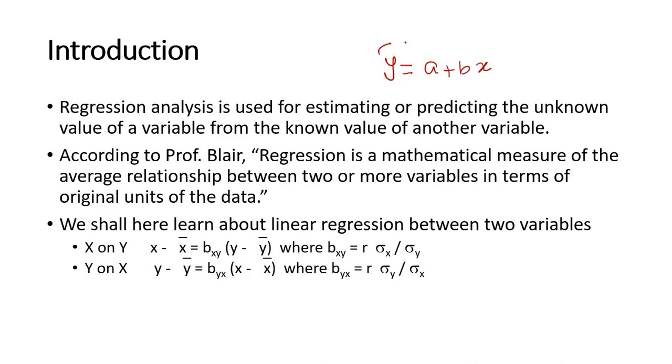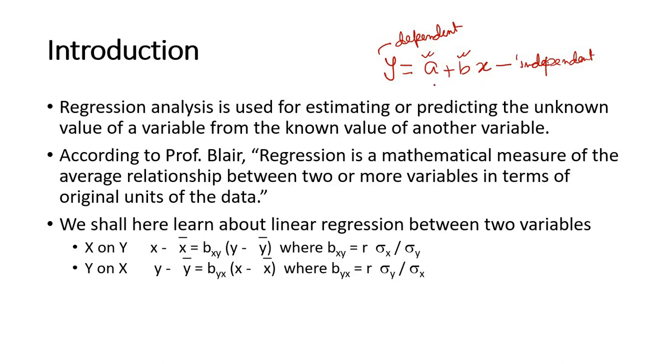y is the dependent variable, and x is the independent variable, and based on a set of values of dependent and independent variables which are available in pairs, we try to find out the values of a and b. Once we find the values of a and b, then we can predict the value of y given the value of x.